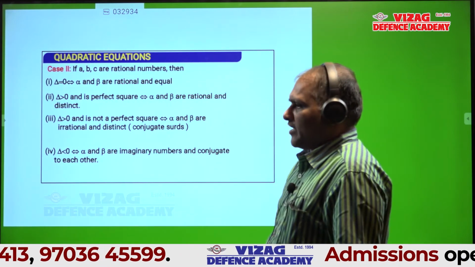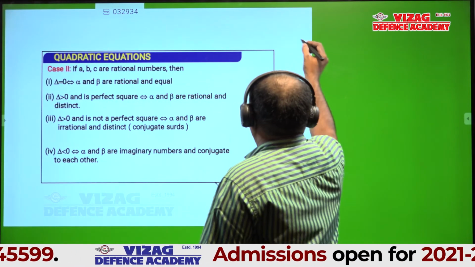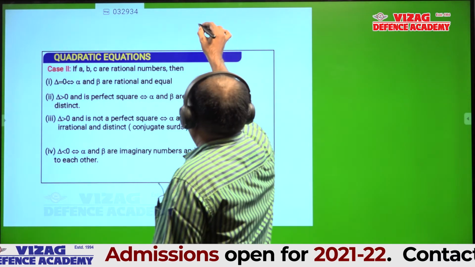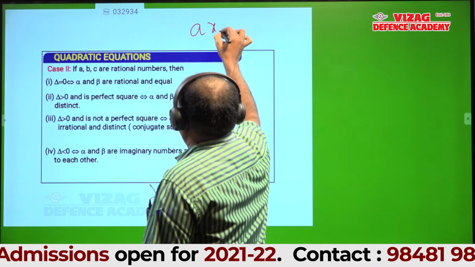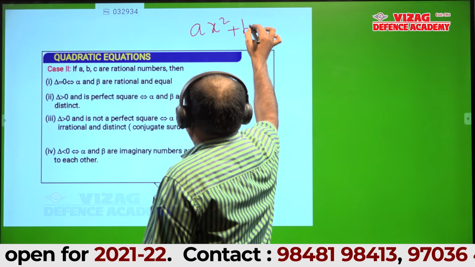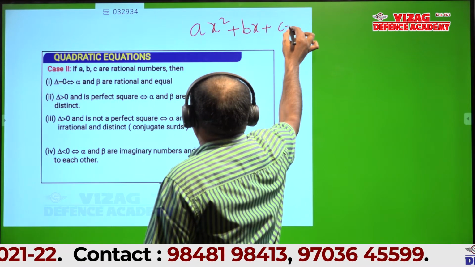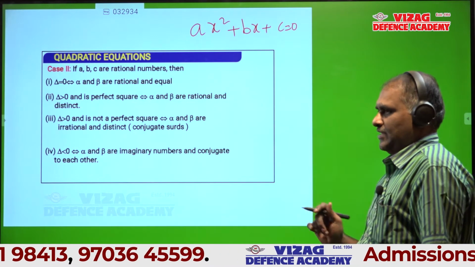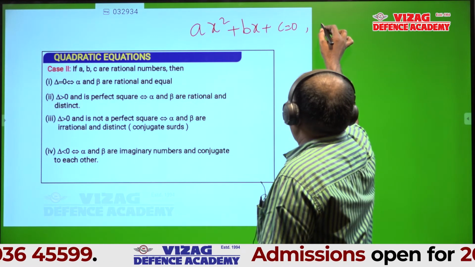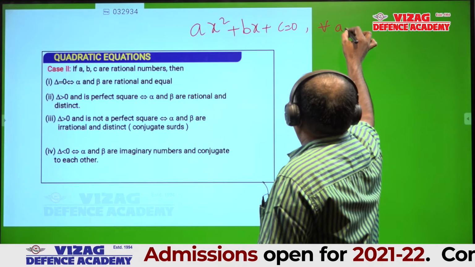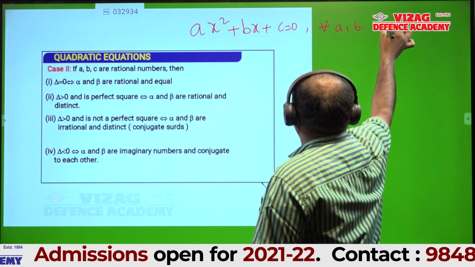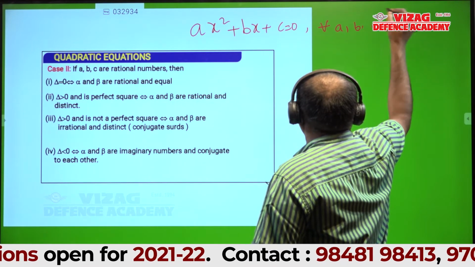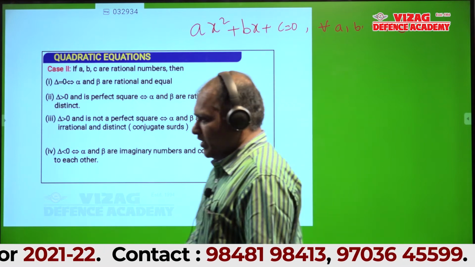If a quadratic equation, what is the quadratic equation? Here ax square plus bx plus c is equal to 0, for all a, b, c belonging to Q. What does Q mean?